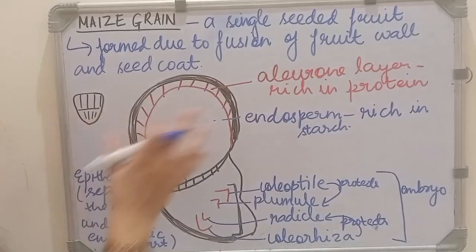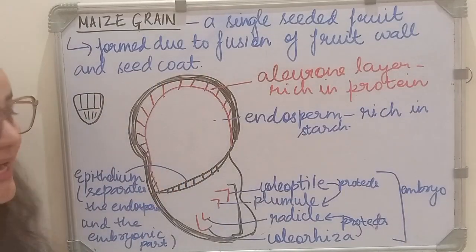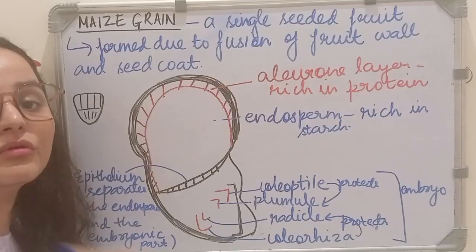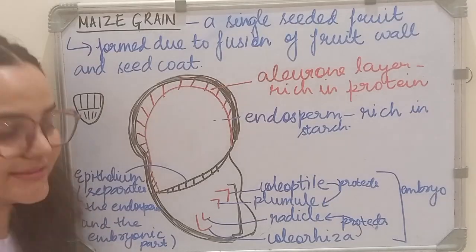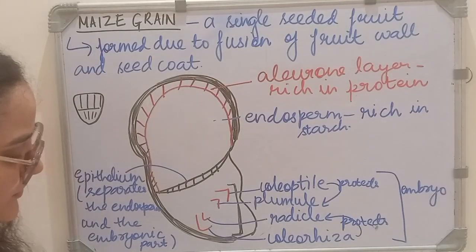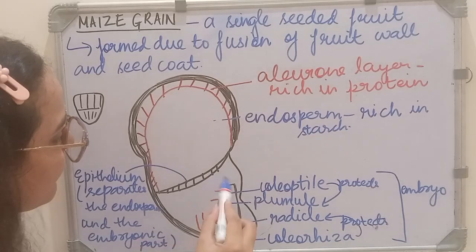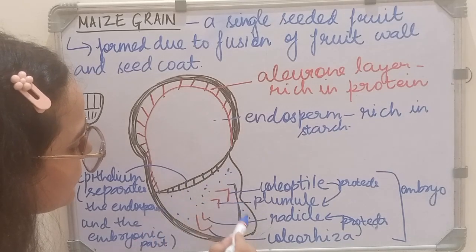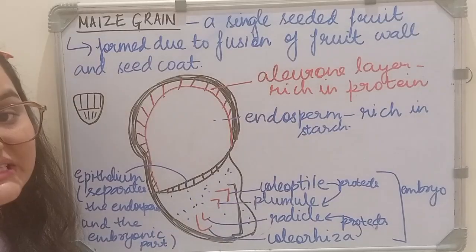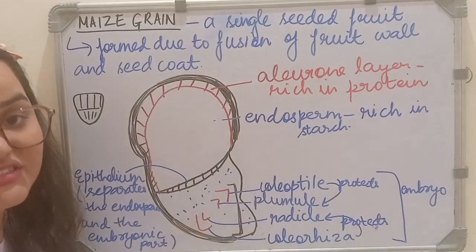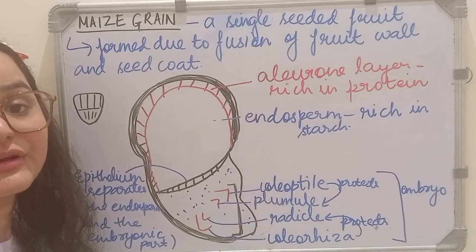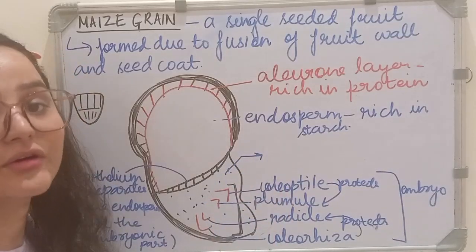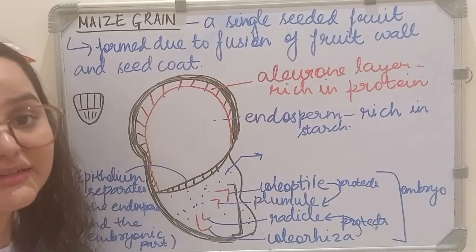Okay, so this maize grain is an example of a monocot, which means there is only one cotyledon present. This is the whole cotyledon, and the single cotyledon which is present is known as scutellum.